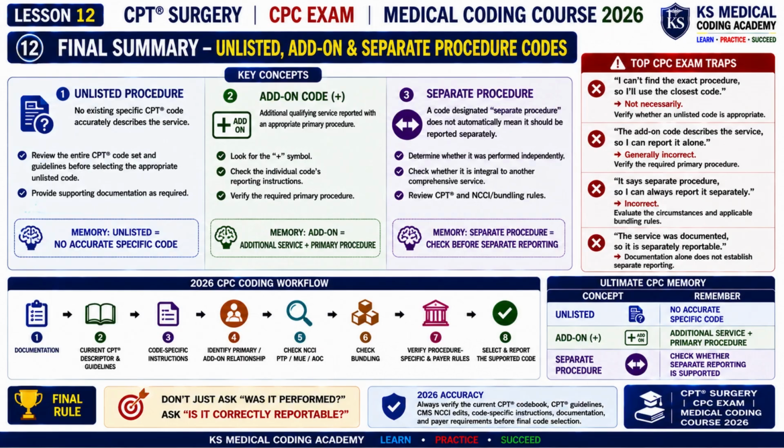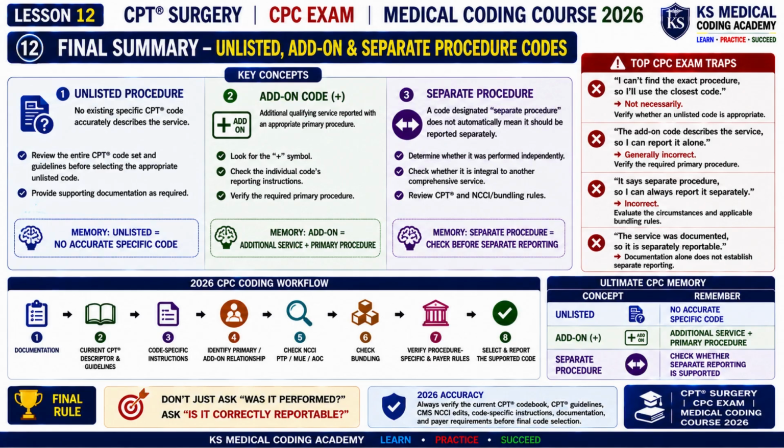Let's summarize Lesson 10, Unlisted, Add-on and Separate Procedure Codes. First, unlisted procedure codes. Remember, unlisted equals no accurate specific code. When no existing CPT code accurately describes the service, review the appropriate unlisted code and provide the supporting documentation required. Next, add-on codes. Remember, add-on equals additional service plus primary procedure.